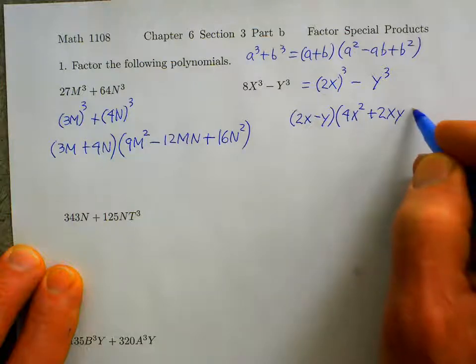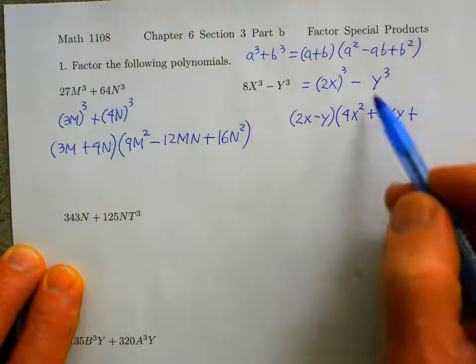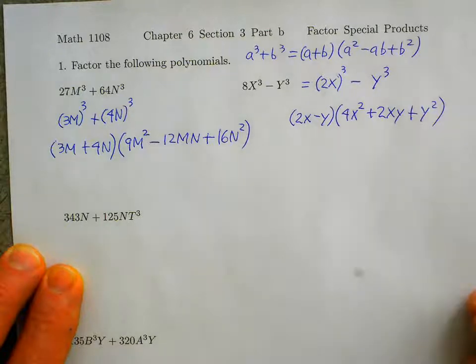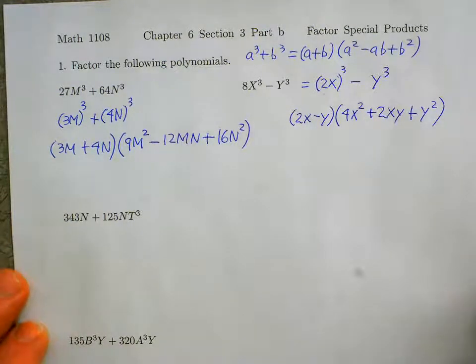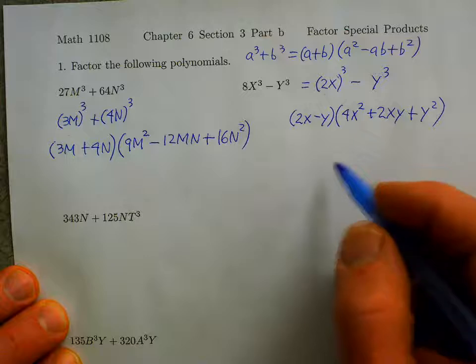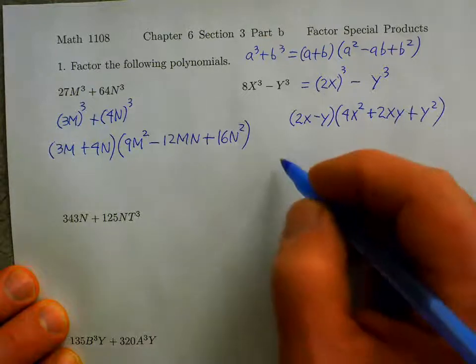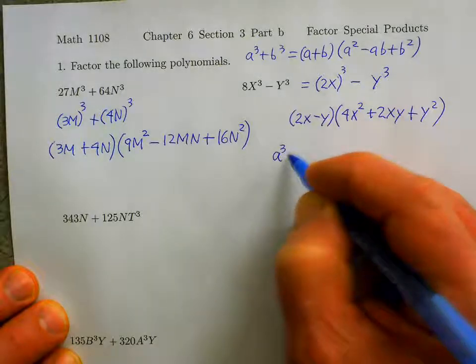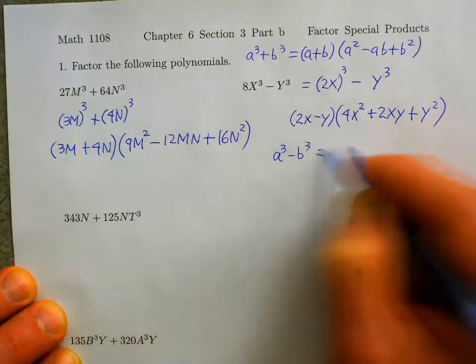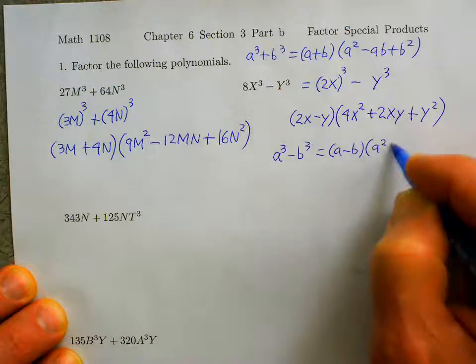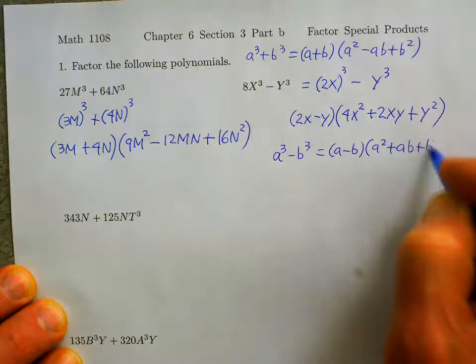And then finally, we're going to add y to the second. And so the difference of cubes factoring formula, a to the third minus b to the third, is a minus b times a to the second plus ab plus b to the second.